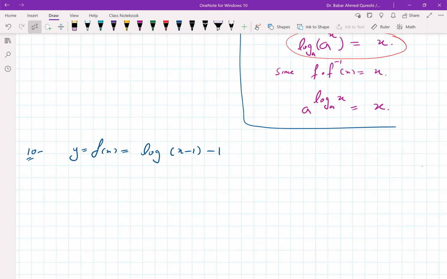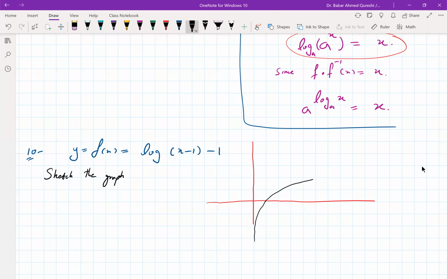So when you are sketching, then, well, you can start from the graph of log x. So I'm sketching, which touches it here, goes like this and keeps going down.